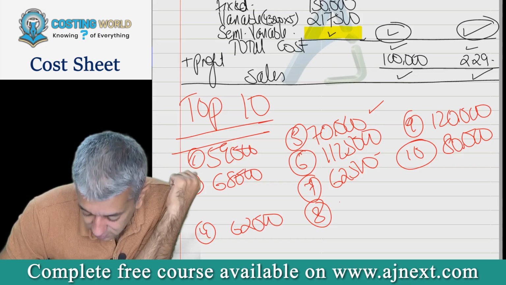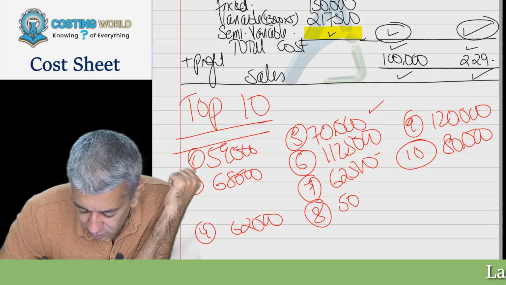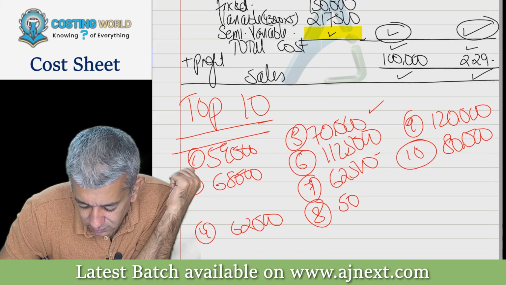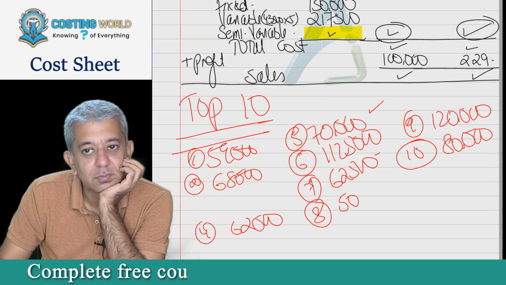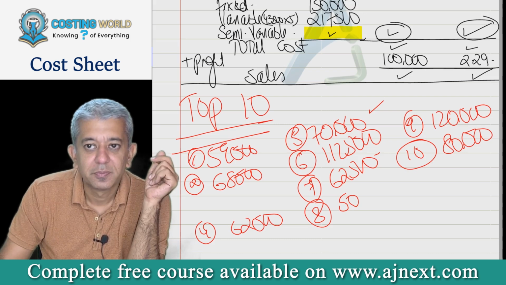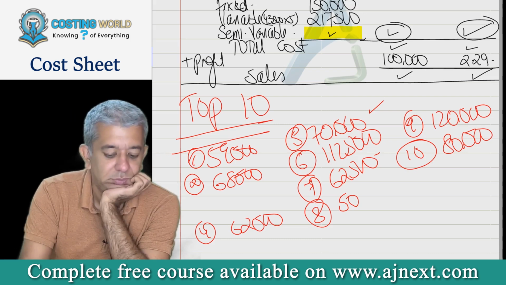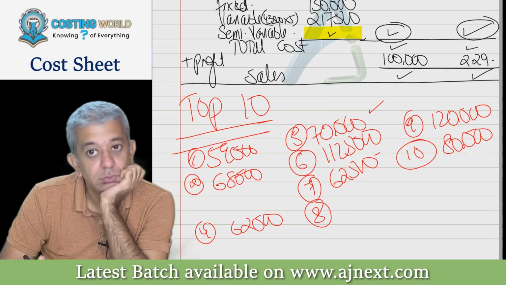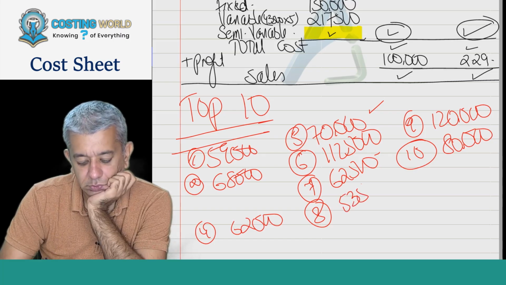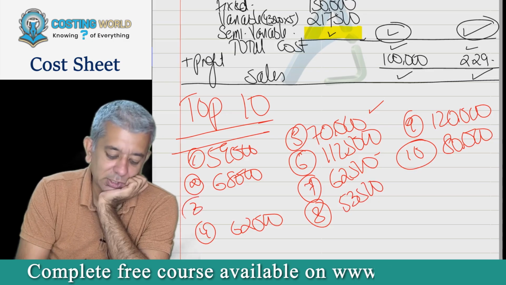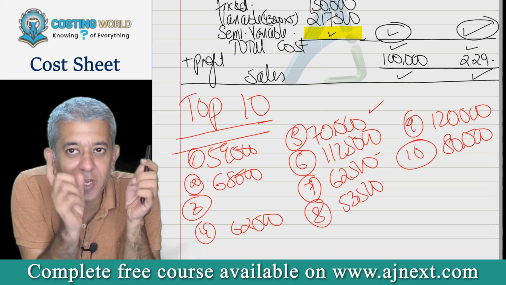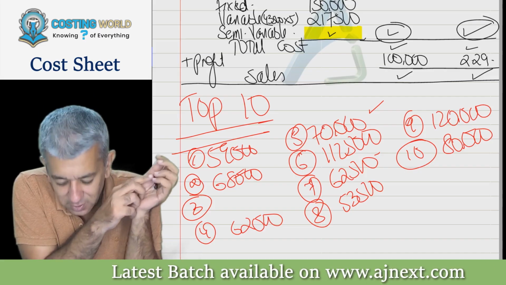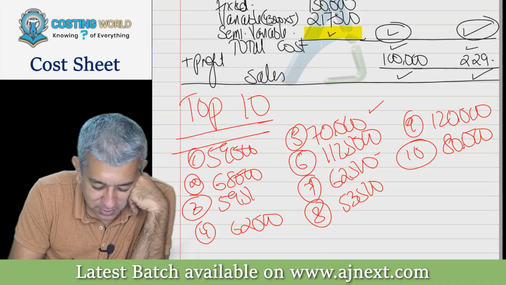How much? 50,500 or 60,500? 53,500. One last answer, one spot left. Because I want one answer to start my discussion, else I cannot start. Sir, 59,500. I did not want that answer.